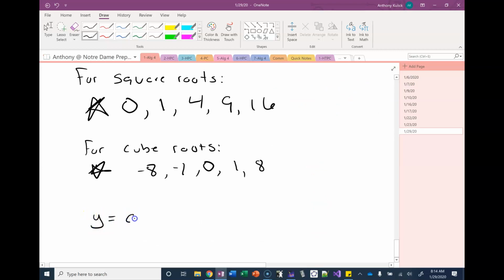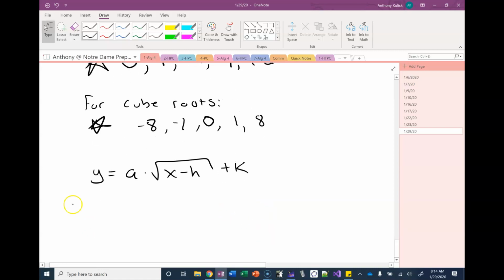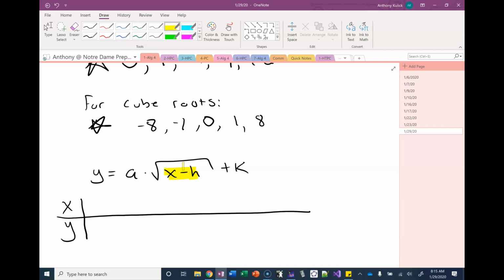So for the function y equals a times the square root of x minus h plus k, I want that first number, when I plug in my value for x, to give me 0 underneath the square root. Everybody okay with that idea?